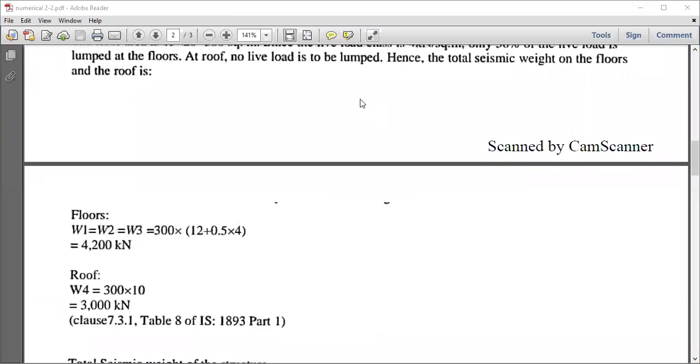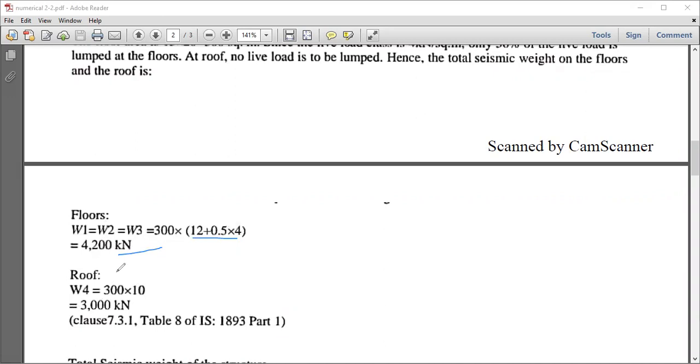The dead load is 12 kilonewton per meter square. I have to add 50% of the live load to it, that is 0.5 of 4 kilonewton per meter square. That makes it 4200 kilonewton.